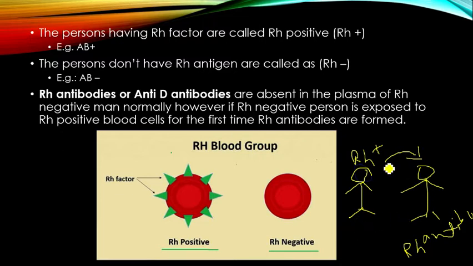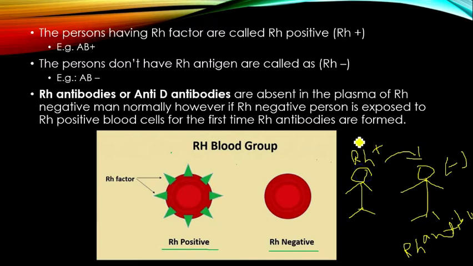When we transfer Rh antigen containing blood, meaning positive blood, into negative blood group people, Rh antibodies are formed in their blood. Based on that, we can say that Rh antibodies are normally absent in the blood, but when you transfer Rh positive blood into Rh negative blood, the negative blood will produce Rh antibodies.